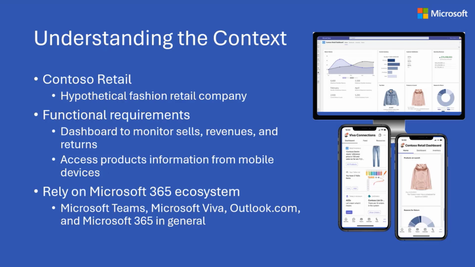In fact, the idea is to have a hypothetical fashion retail company which is willing to have some Microsoft 365-based tools to manage and monitor the sales of the retail company, the revenues, the returns of products, and stuff like that, whether using the desktop experience, for example Teams or SharePoint Online on a desktop environment, as well as using, for example, an adaptive card extension in Microsoft Viva Connections, but also being able to use an extension in Teams in order to search for the product in the product inventory of this hypothetical Contoso retail company.